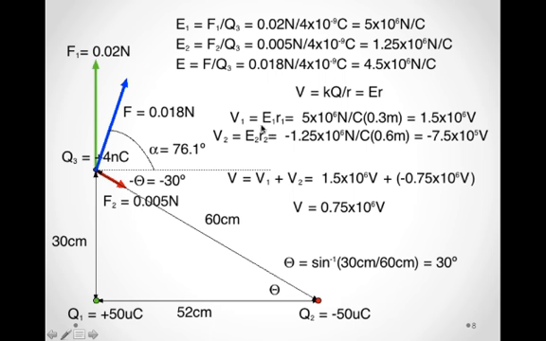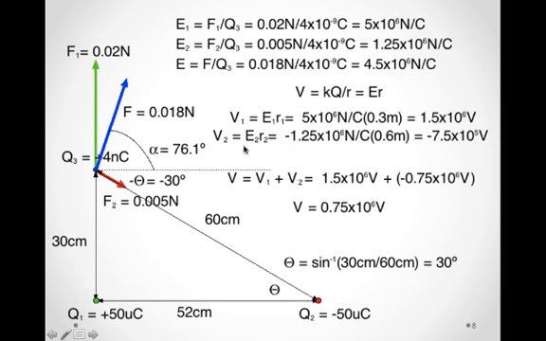So V1 would just be KQ over R. Since it's just KQ over R, if we know the electric field strength, we can just multiply by the distance R to scale it to 1.5 times 10 to the 6 volts. You could also have found V1 by taking K, the 9 times 10 to the 9th, and multiplying it by the 50 microcoulombs and then dividing it by the 0.3 meters. You would get the same answer.